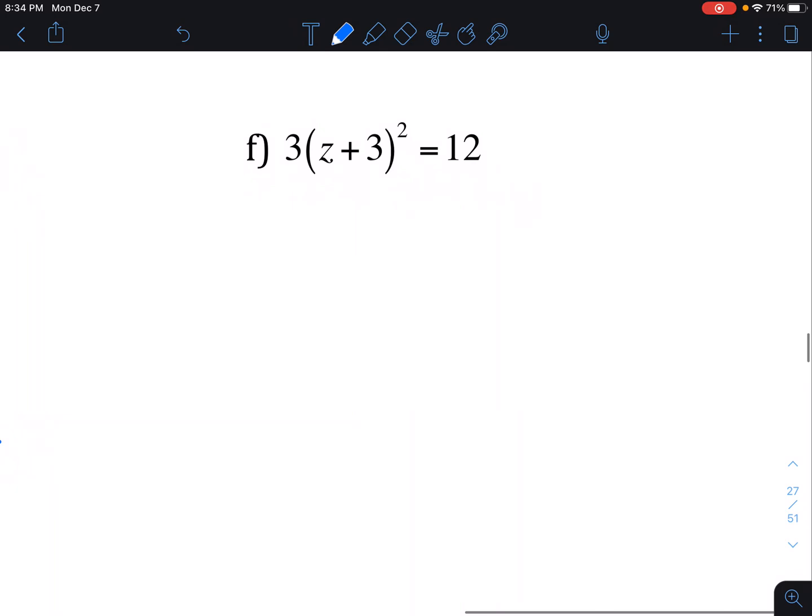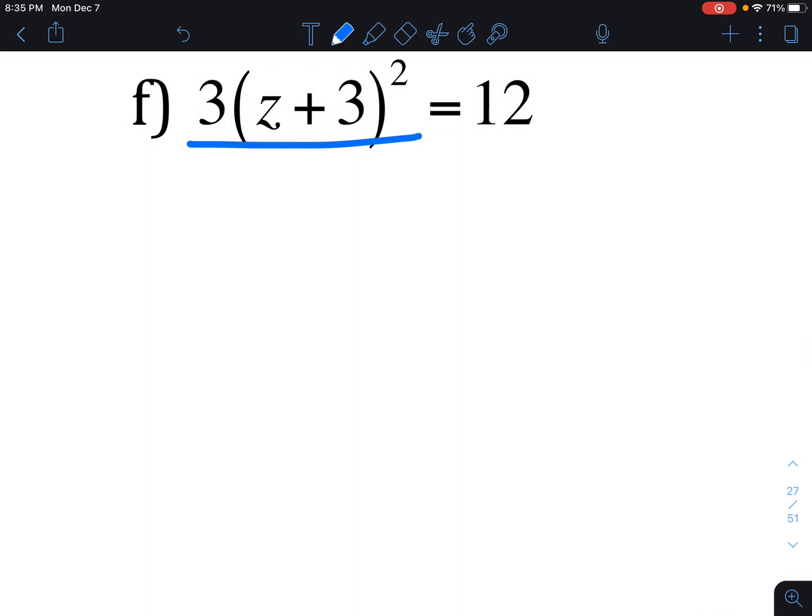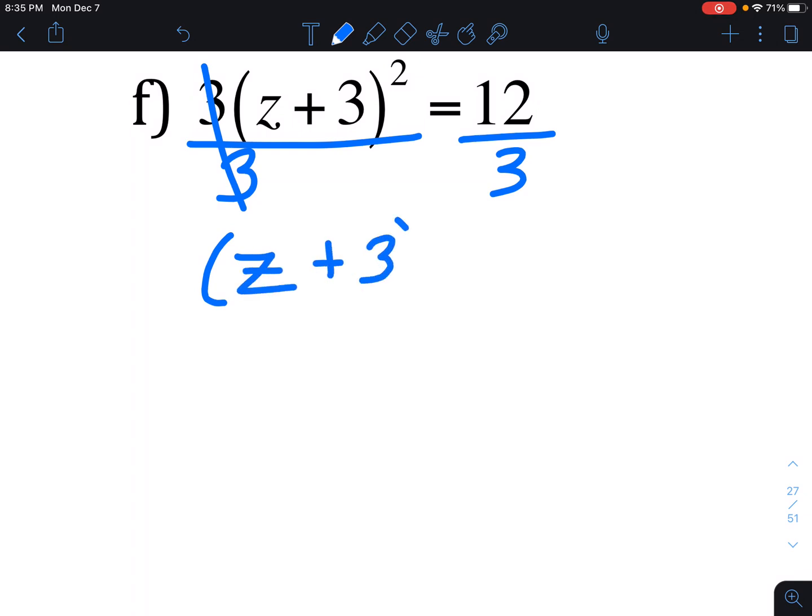Letter F. Now, step 1 will apply here. We don't have parentheses squared by itself yet. We have that 3 out in front. So we do need to divide both sides by 3. So step 1 is done.